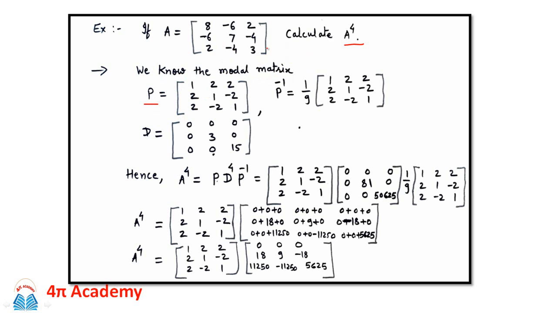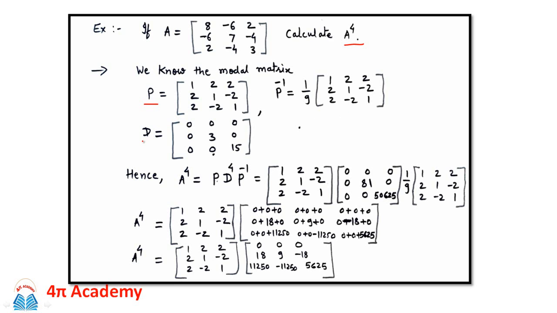We have already calculated the eigenvectors of this matrix, so you can refer to the previous lecture for that, and that modal matrix will be equal to 1 2 2, 2 1 minus 2, 2 minus 2 1, and you know the inverse of this modal matrix, P inverse, is 1 by 9 into 1 2 2, 2 1 minus 2, 2 minus 2 1.